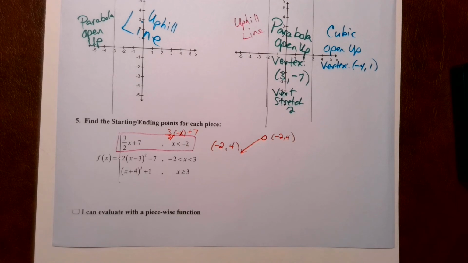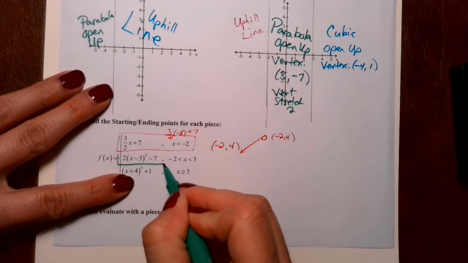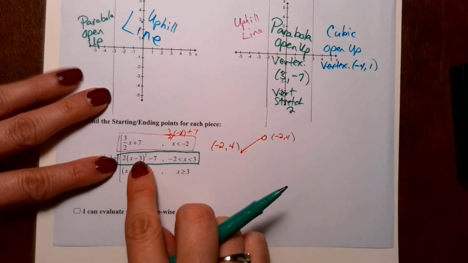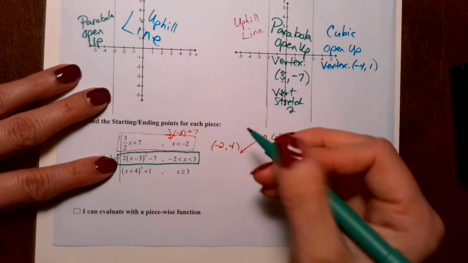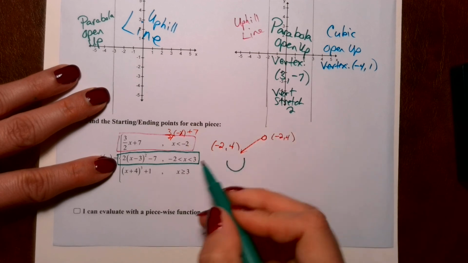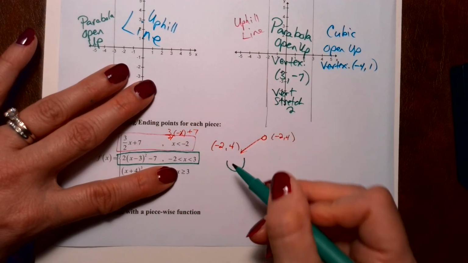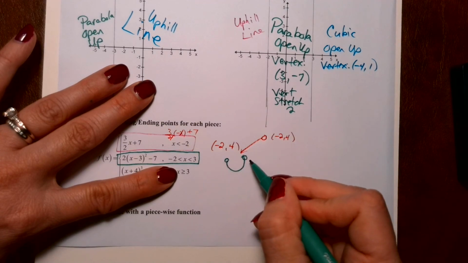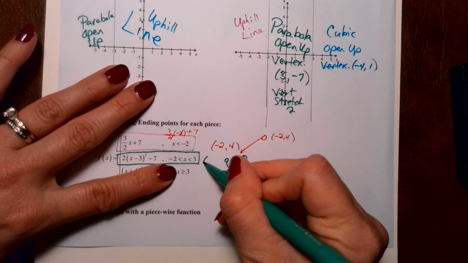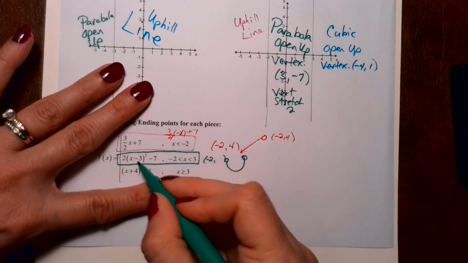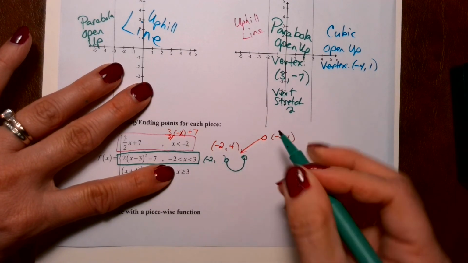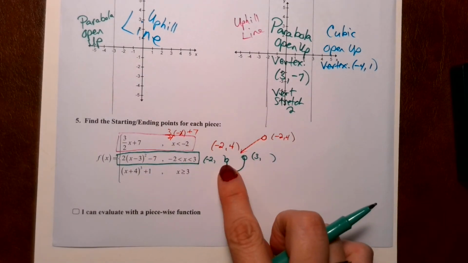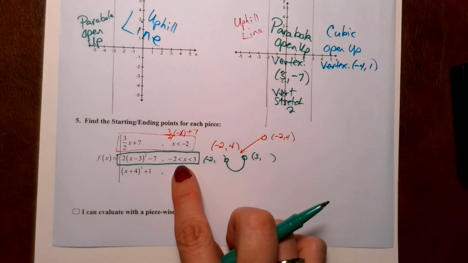All right, when you have something like this for this middle section, we're going to have to do it 2 times. So it's a parabola opening up, like this. And since this is less than and this is less than, these are going to be open bubbles. But what I want to know is where these bubbles are. So we're going to plug -2 into the equation to get that point, and then 3, to get the starting and the ending point of this piece.